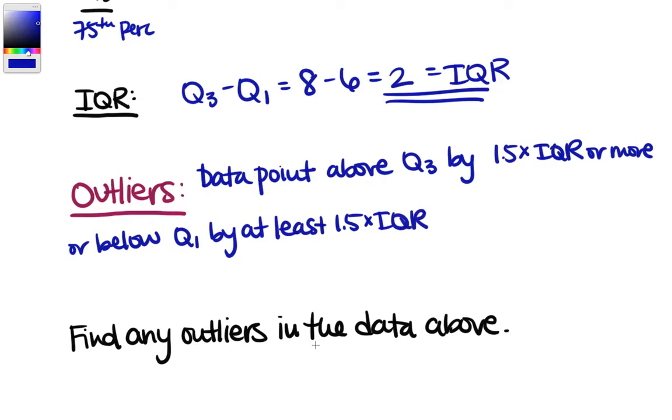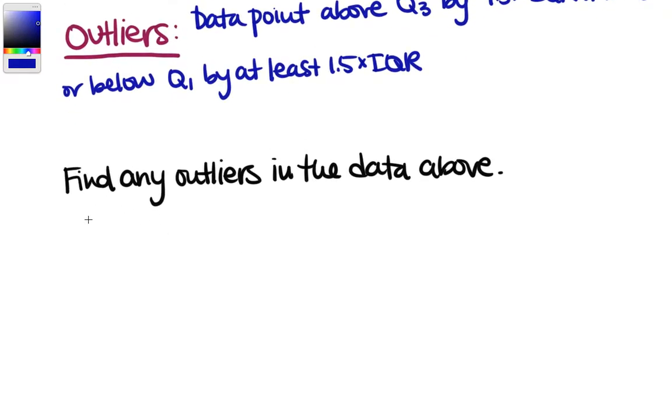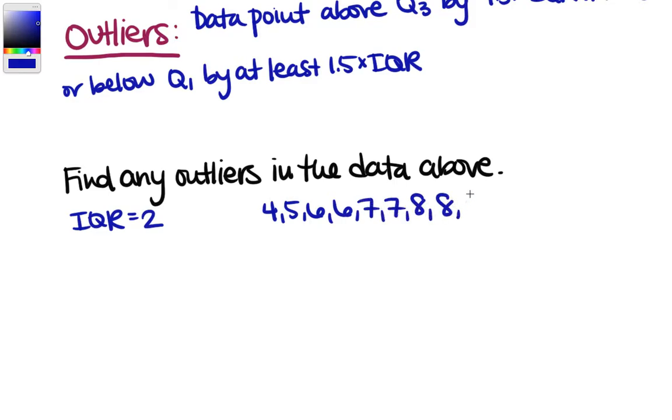All right, so we want to find any outliers in the data above. Let's first remember that our IQR is 2, and our sorted data list was 4, 5, 6, 6, 7, 7, 8, 8, 9, 13. Those were the number of marshmallows people could fit in their mouth and still say Chubby Bunny.